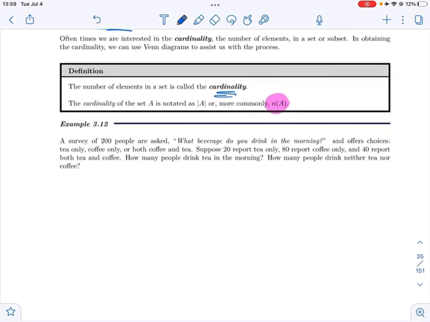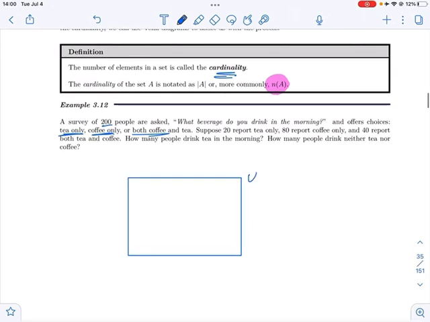Let's take an example. A survey of 200 people are asked, what beverage do you drink in the morning? And offers choices: tea only, coffee only, or both. So let's represent this using Venn diagrams. We have the first set, tea, and the second set, coffee, let's denote it as C. And both, because we have some intersections, so we make them overlap here, because both tea and coffee can be a case.